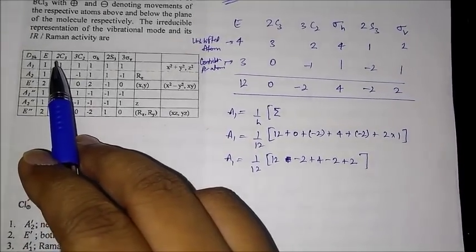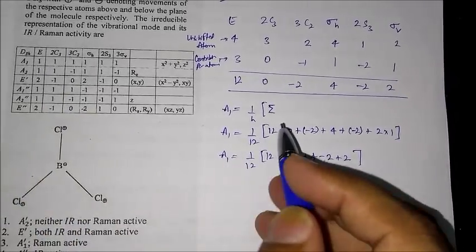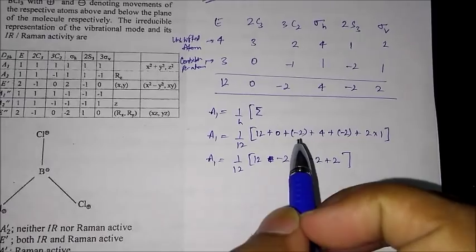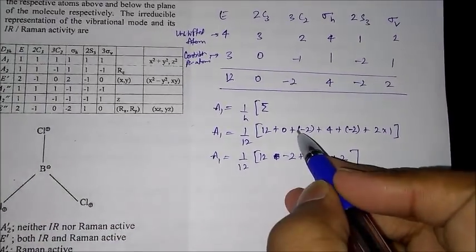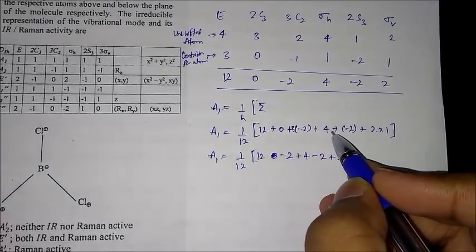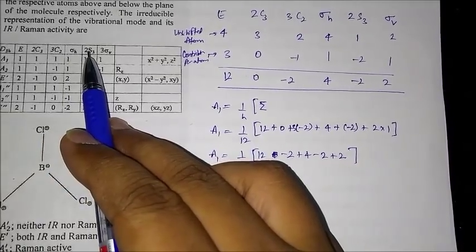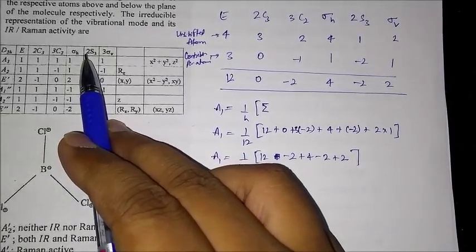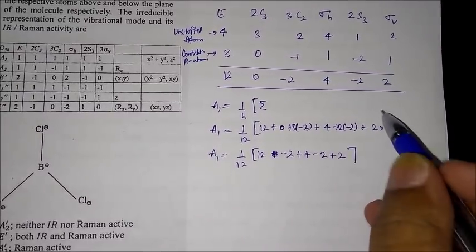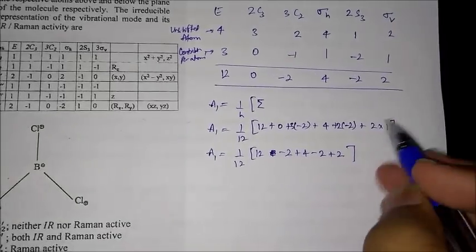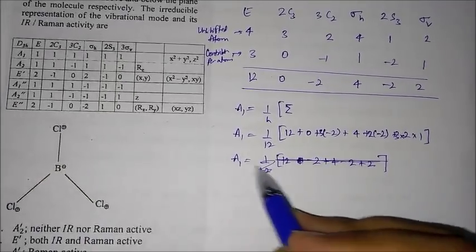Here it will be minus 2 into 1, that will be minus 2, and into 3 also, so here it will be 3 also. Likewise here it will be 4, and there is no coefficient with sigma h, so it doesn't matter. For C2, we have minus 2 into 1 into 2 also. Now for sigma v, 2 into 1 into 3 also, so we have to write 3 also.